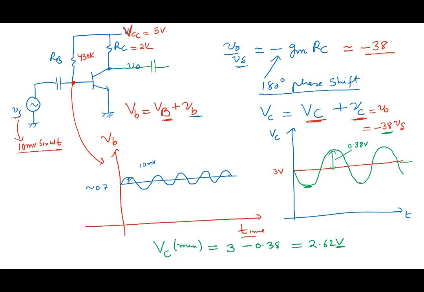What we were saying is, why is there a 180-degree phase shift between V0 and Vs? Why is there 180? You can see here, when this is going up, this is going down. Why? Can you understand where the phase shift is coming from? Why is it coming? Apart from the formula.